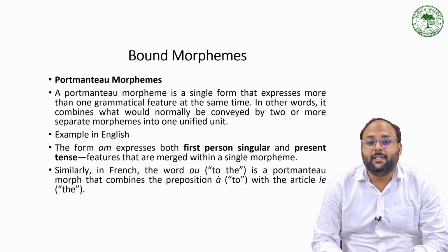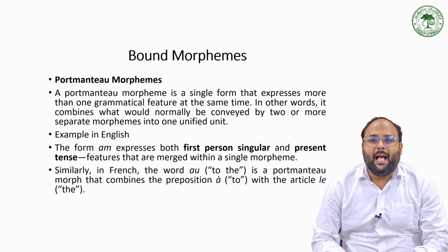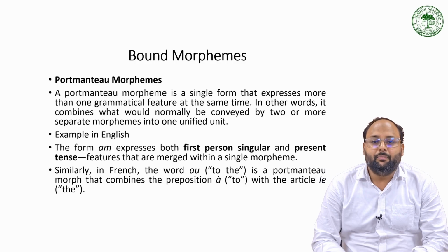So in other words, it combines what would normally be conveyed by two or more separate morphemes into one unified unit. So we can say that any morph or any morpheme which has more than one grammatical representation in the language is called a portmanteau morpheme.